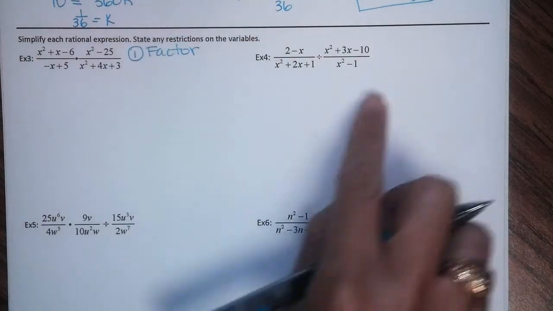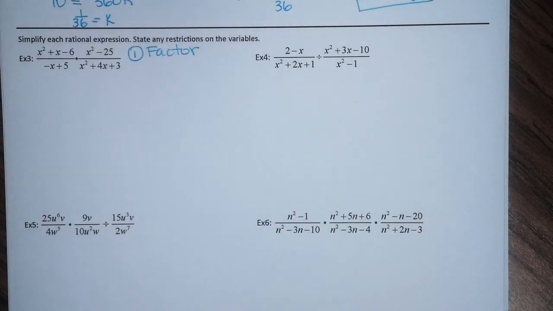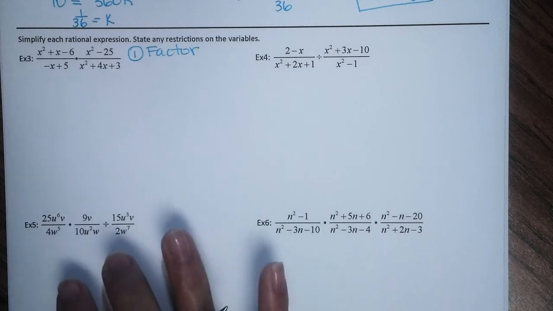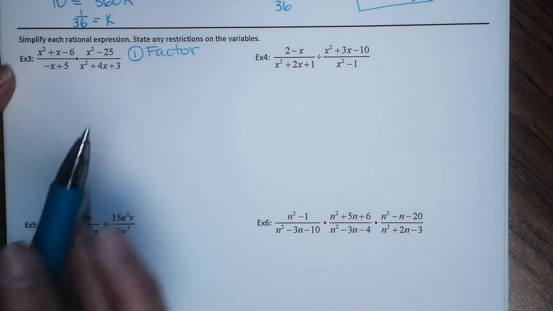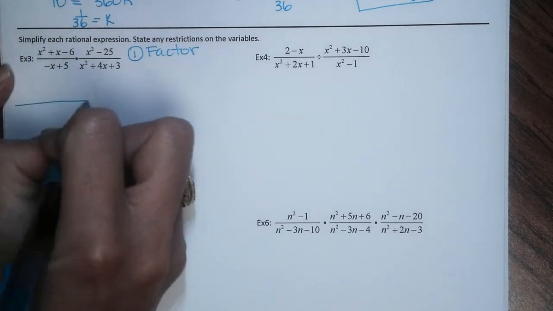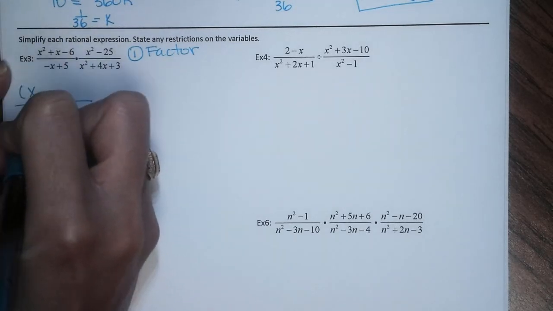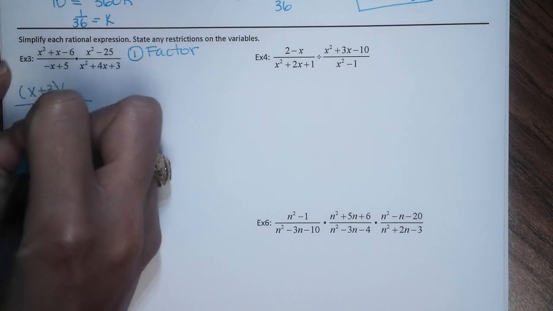So that's what we'll do for all of these. The very first thing you want to do with simplifying these rational expressions is to factor. So let's start with number 3 and start factoring everything. X squared plus x minus 6 should factor into x plus 3, x minus 2.